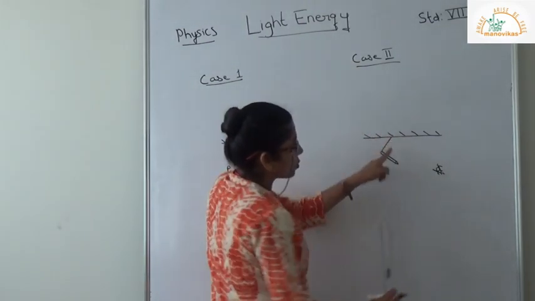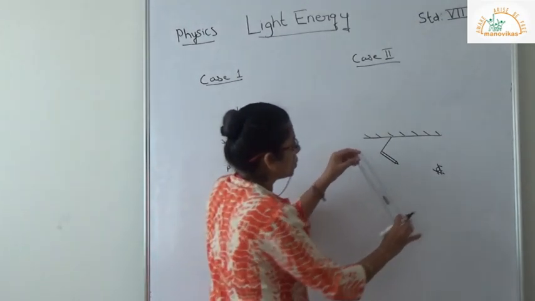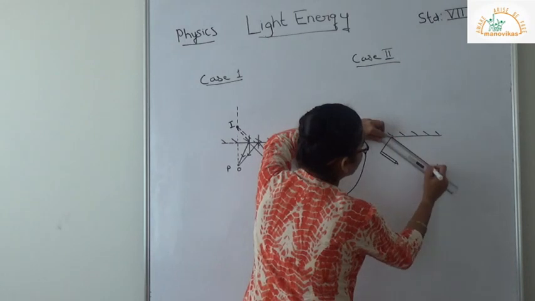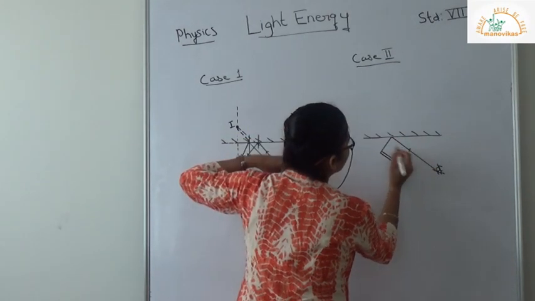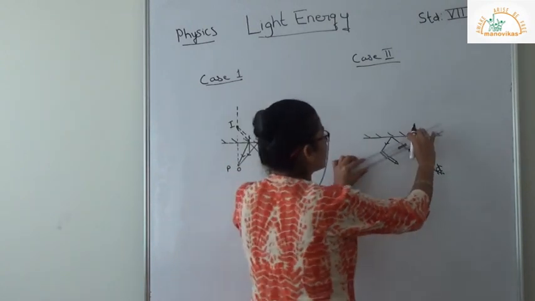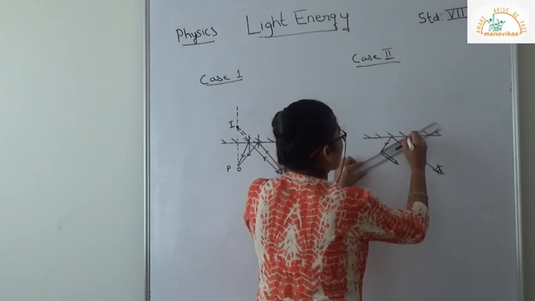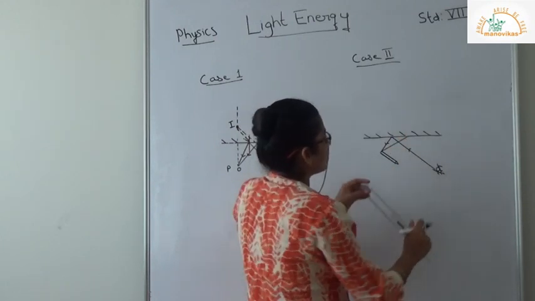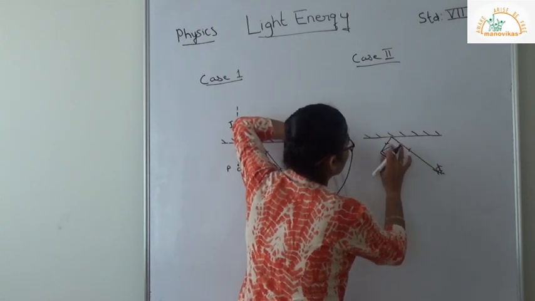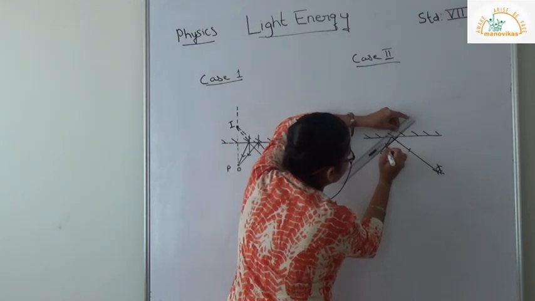And of course at the point of incidence they are going to follow the first law of reflection. So there will be one ray like this. And I am going to show another ray somewhere here.